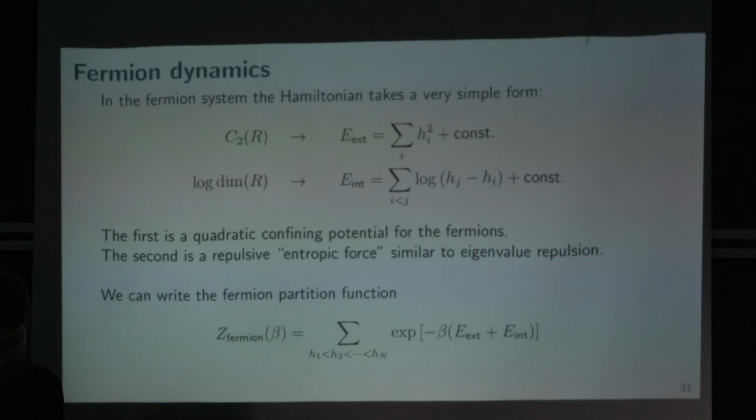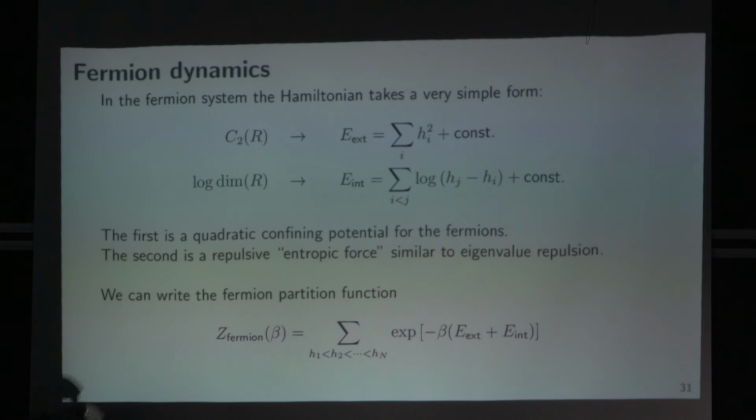And what's nice about this is that my Hamiltonian takes a very simple form. If I think of these things as the locations of fermions, the quadratic Casimir is like an external potential for the fermions, which is quadratic around the origin.